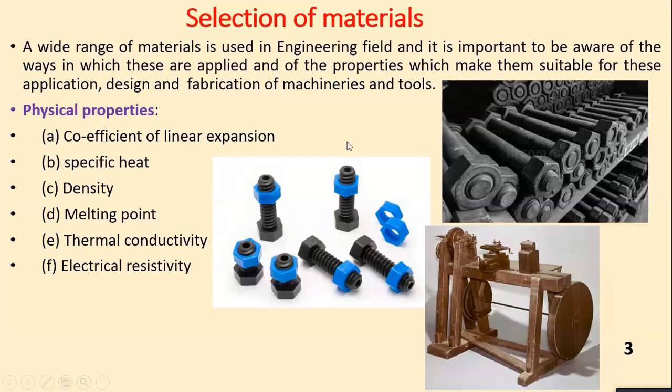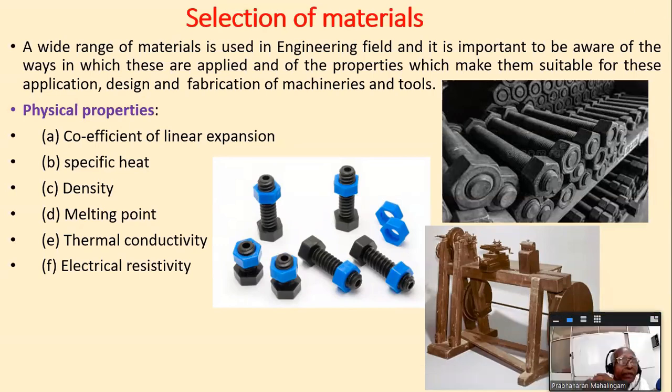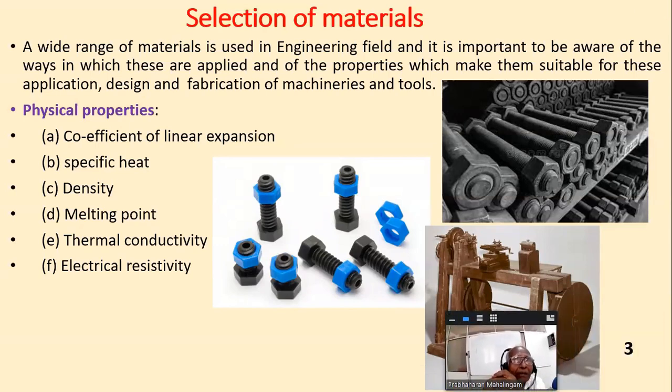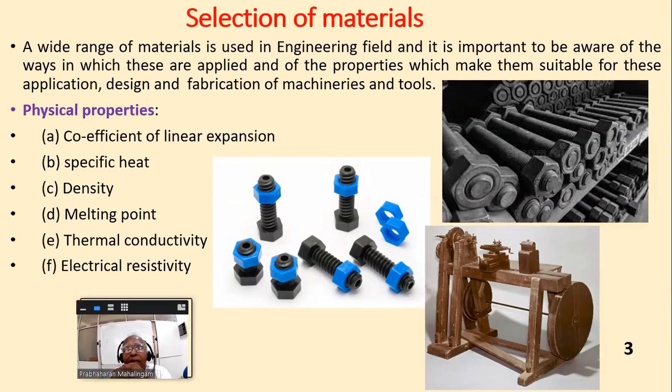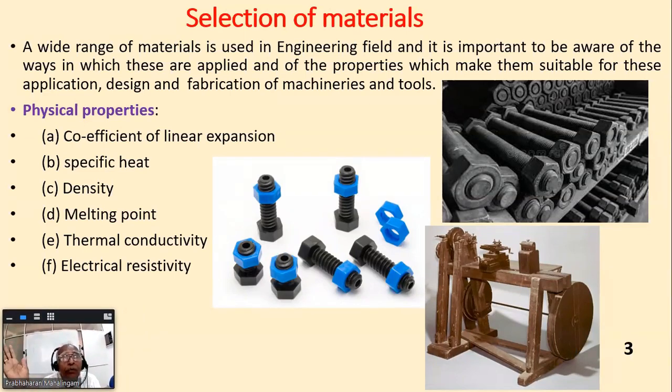Selection of material. For welding practices, for any metals that we utilize for any type of work in engineering, we should understand the particular metal. There are several metals available, but unfortunately, we can't utilize pure metal for any work. Therefore, we have to make metal alloys.